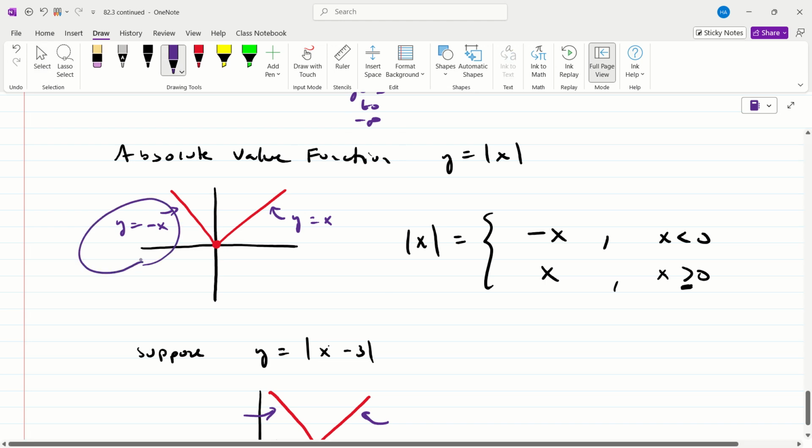On the left-hand side, we're taking whatever was in the absolute value and making it negative. On the right-hand side, we're taking whatever was inside the absolute value and keeping it positive.